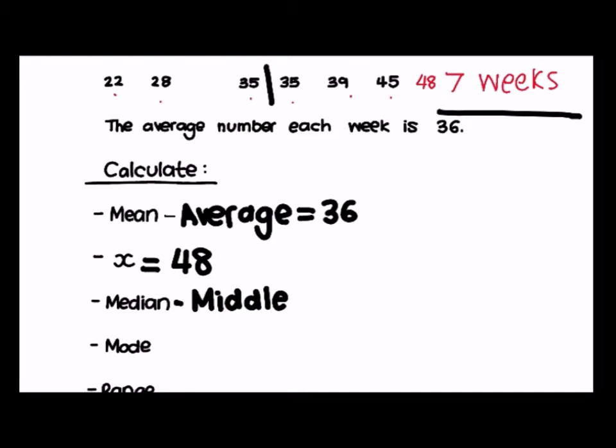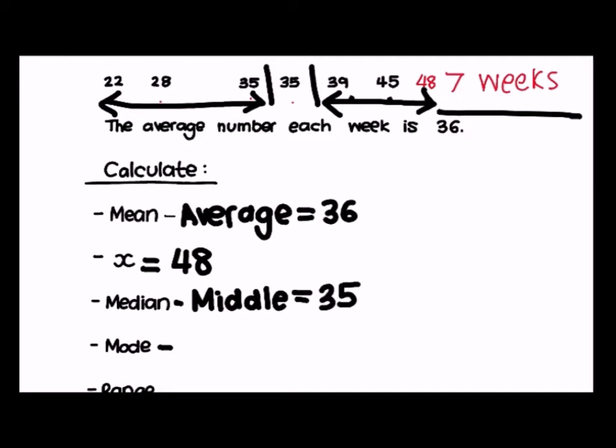If we count from the side, we've got 1, 2, 3 on that side. So on either side we've got 3, and so 35 must be in the middle. In this case, when it's an odd number, it's quite easy to find the middle. And so our median is the middle value, and it is 35 in this case. So 35 is our median.